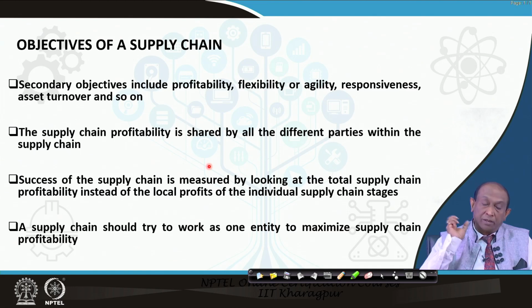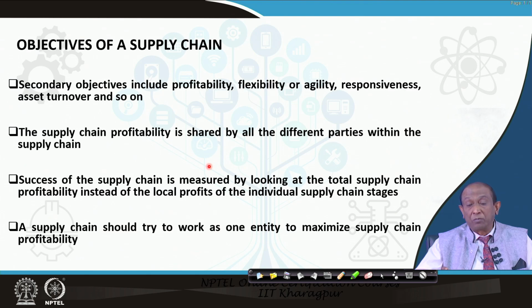What are those derived objectives? The secondary objectives include profitability, flexibility or agility, responsiveness, asset turnover and so on. Each of these terms is very important in the context of management of supply chain, and we will deal with each and every term in detail at a later point in time.